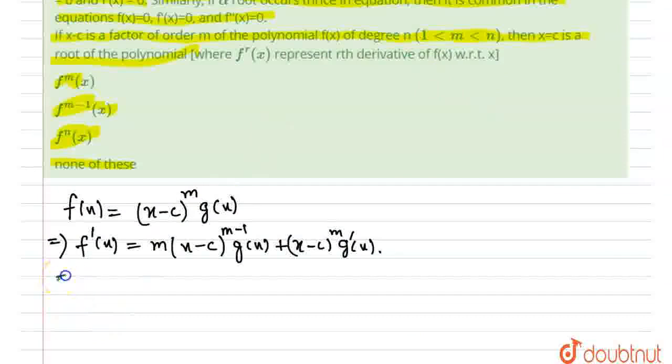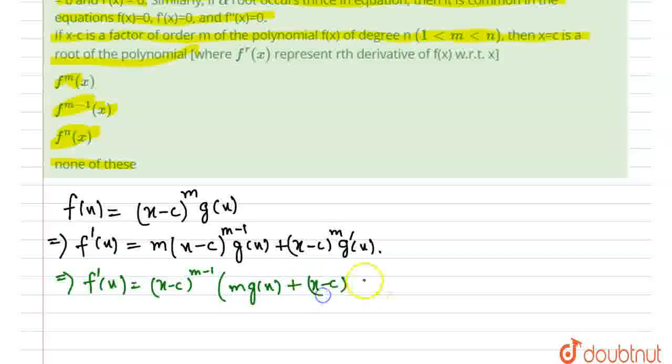Now this would imply f'(x) is equal to (x - c)^(m-1) of [m g(x) + (x - c) g'(x)]. So the first derivative has (x - c)^(m-1).